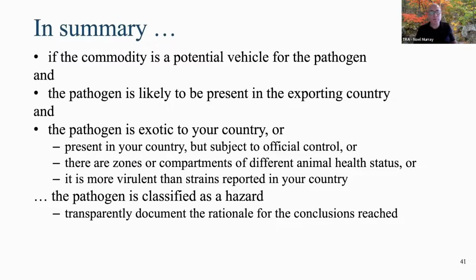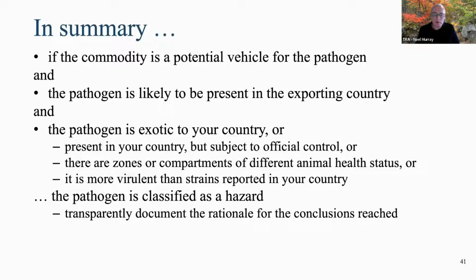So in summary, if the commodity is a potential vehicle, it's likely to contain or be contaminated with the pathogen of interest. It's also likely to be present in the exporting country.